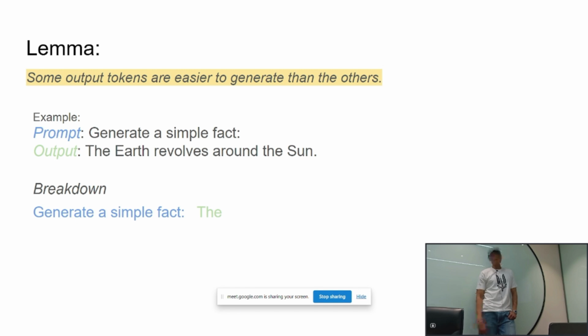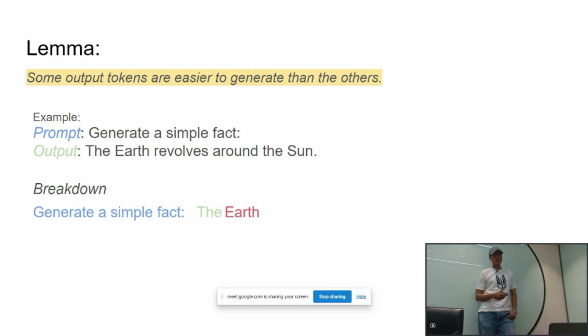No matter how good a model you use, whether it's a small model or a large model, most models will know that any factual statement will start with an article. It could be "a," it could be "an," it could be "the," right? And in this case, it starts with "the." So this makes it an easier token to predict because the understanding of language for generating this token is very simple for both a small model and a large model.